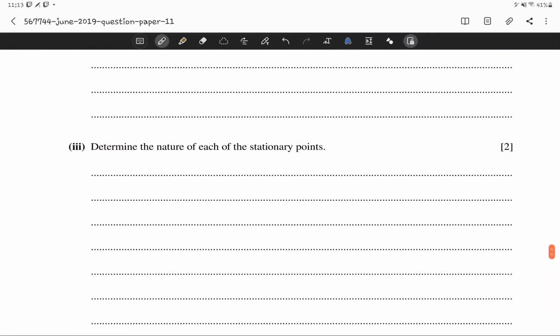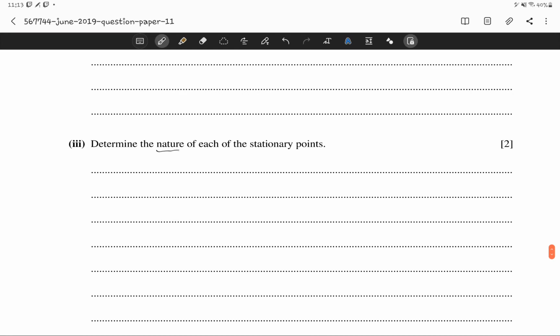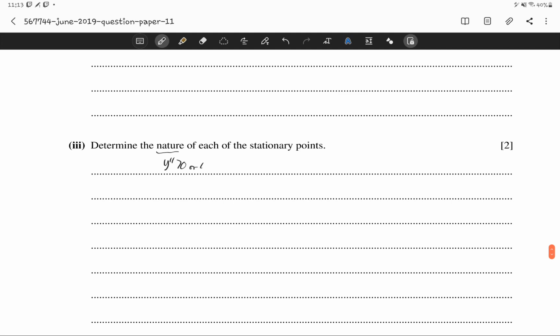Nature. Okay, I'm guessing this is about whether it's positive or negative. I forgot what you call it. Yeah, it doesn't come to mind. But anyway, the second derivative of y at that point is positive or negative. This is pretty easy.